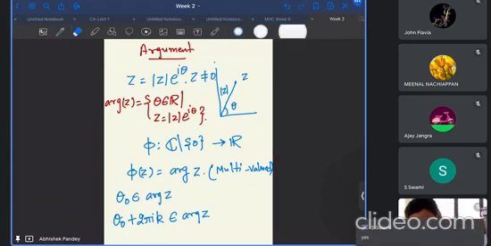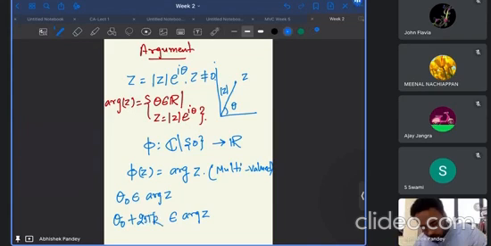Oh wait, sorry, so this would be 2 pi k. So theta naught plus 2 pi k also belongs to this one, k belongs to Z.